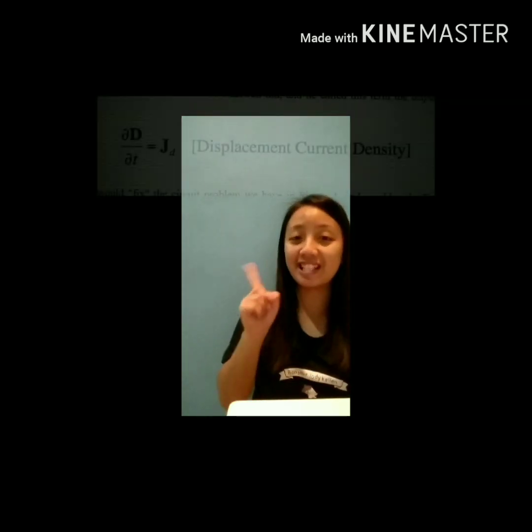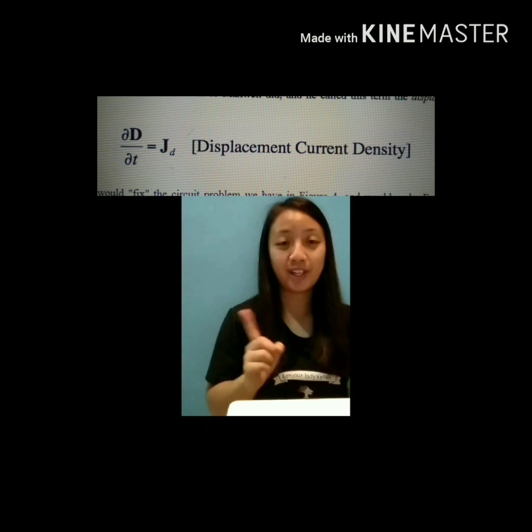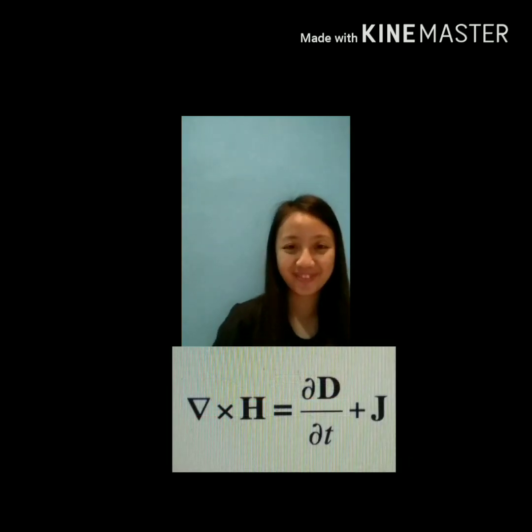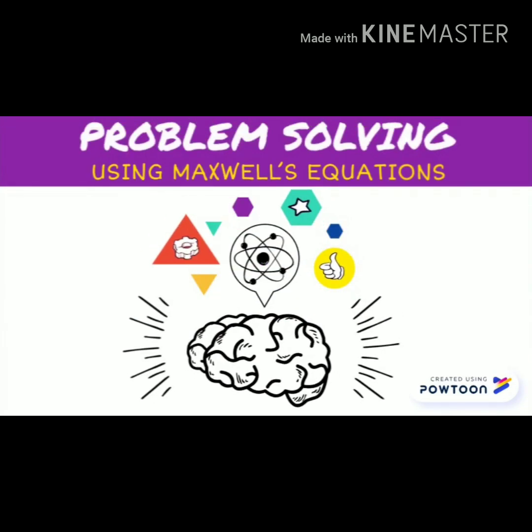Maxwell knew that the electric field and the electric flux density were changing within the capacitor, and he called this term the displacement current density, which is this equation. From the equation, we can combine and rewrite the final form of Ampere's law.